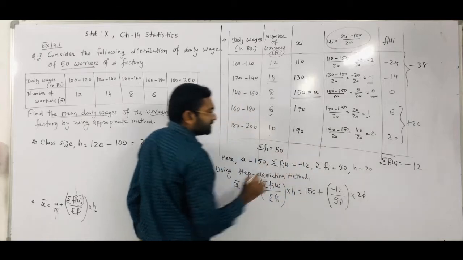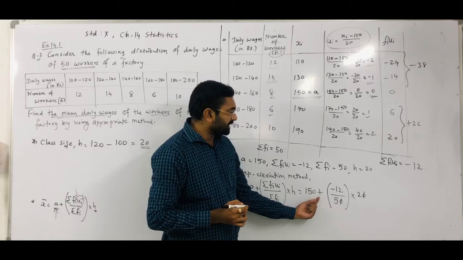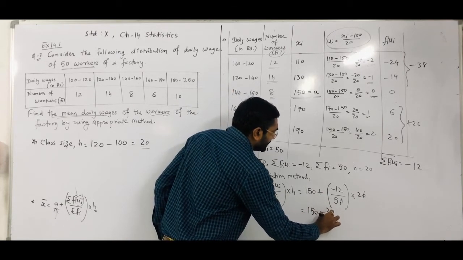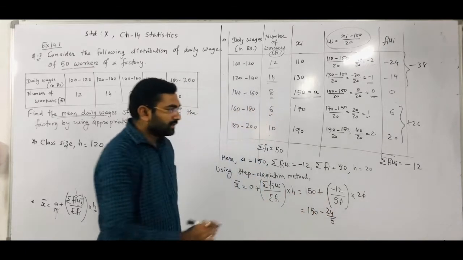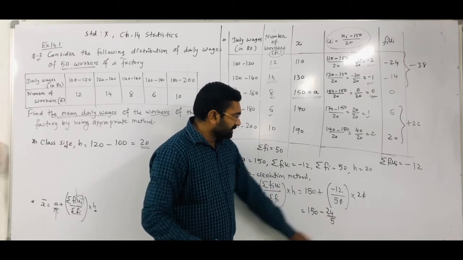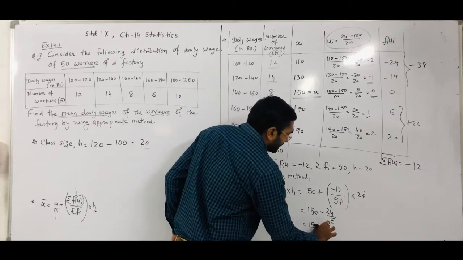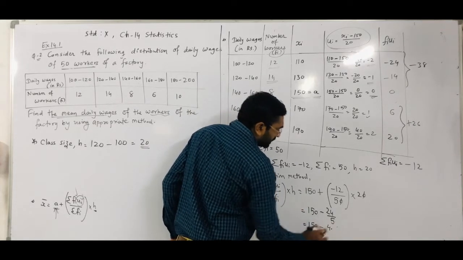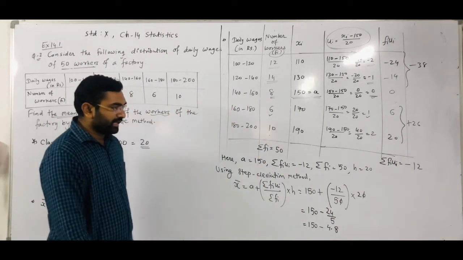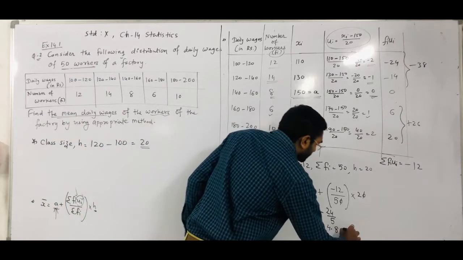So that 0 is cancelled out. Now minus 12 into 2 is minus 24. Here there is a plus and minus, so we get 150 minus 24 divided by 5. Now you have to take the division of 24 by 5, right? 5 goes 4 times, point 40 is the remainder, so 5 goes 8. So 4.8 we get. So 150 minus 4.8, so you get 145.2.